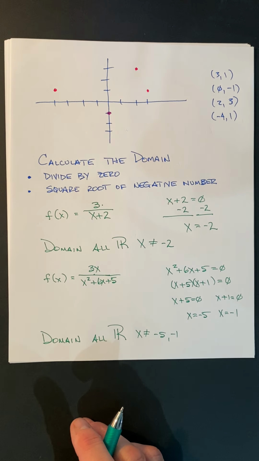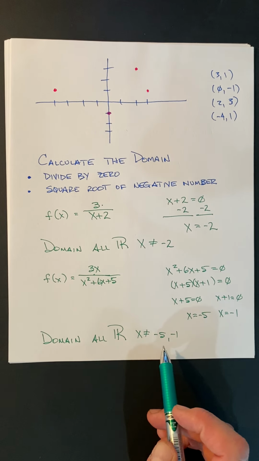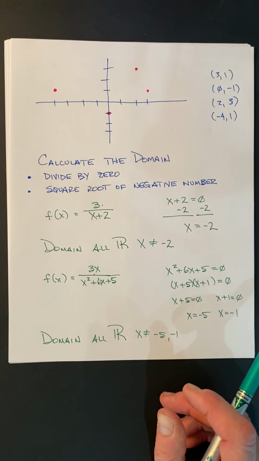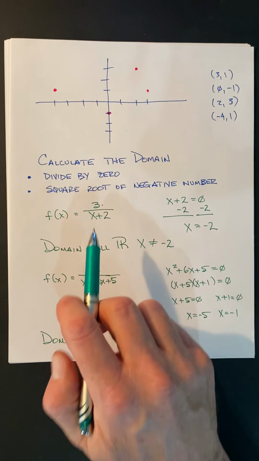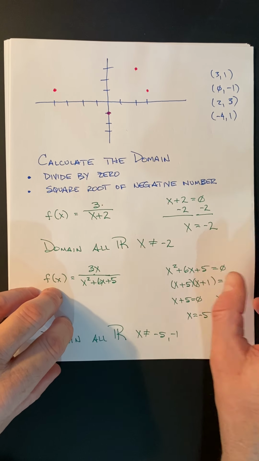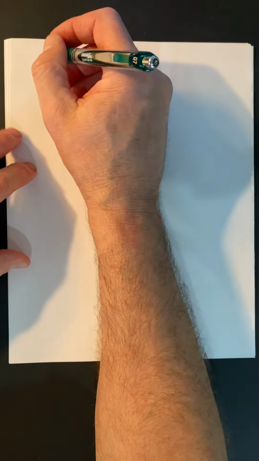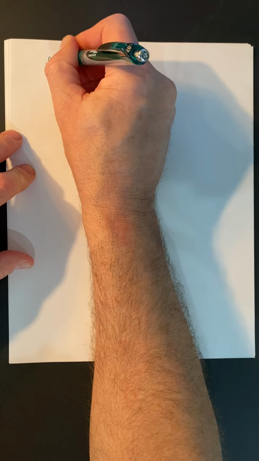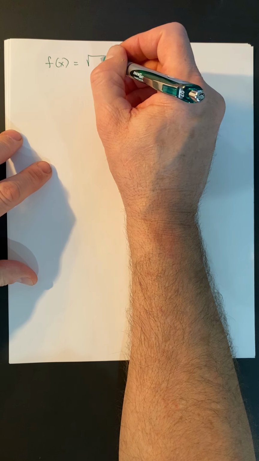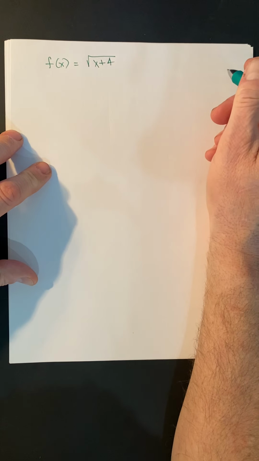So that's how you go about calculating a domain where we're talking about divide by zeros, okay? And you would do the same thing if you had a radical. You just have to make sure that you don't ever get a negative number underneath that radical. So if I had f of x equal to the square root of, let's say, x plus 4, okay?